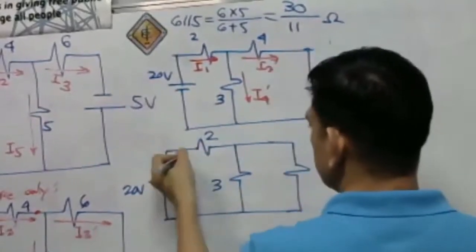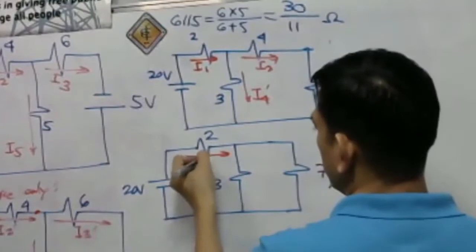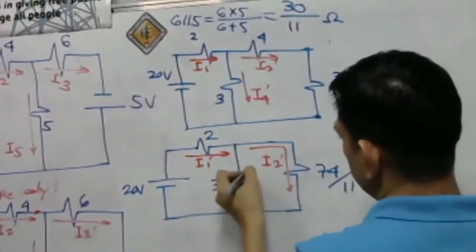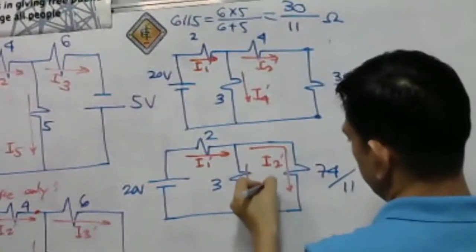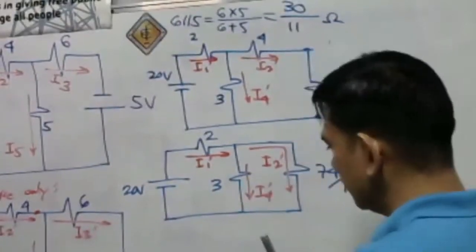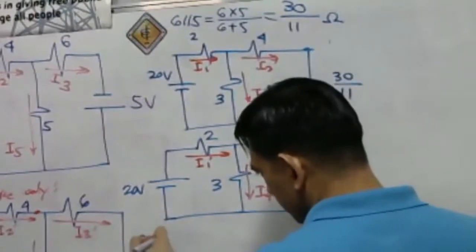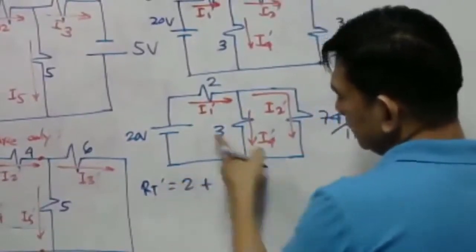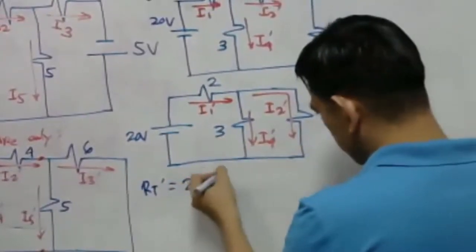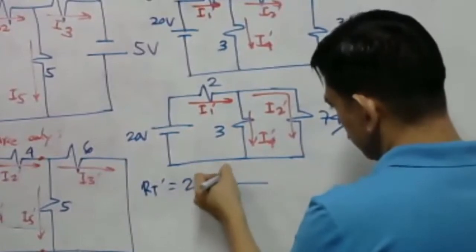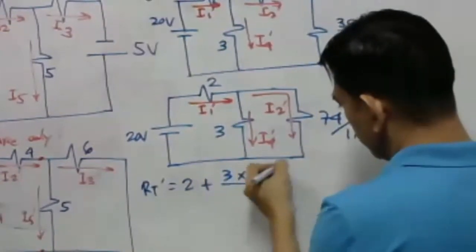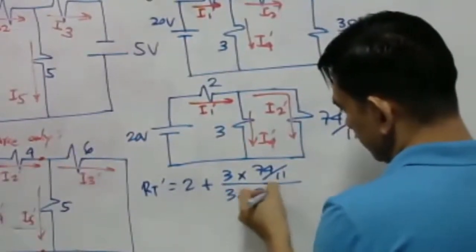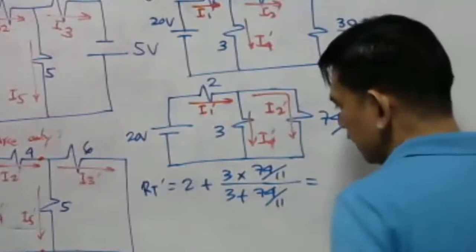So this is our I1 prime, this will be our I2 prime, and this is our I4 prime. We can easily calculate now our total prime, which is equal to what? The 2 plus the parallel combination of 3 and 74 over 11, so that will be 3 times 74 over 11, that is the product over the sum, over 3 plus 74 over 11. That will be equal to what?